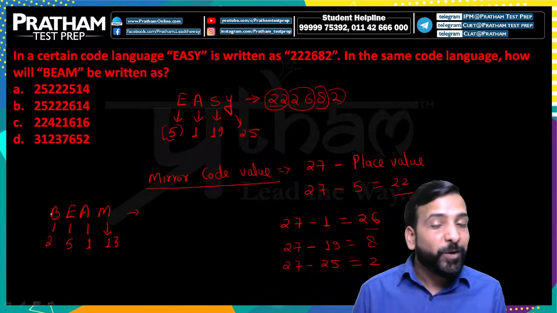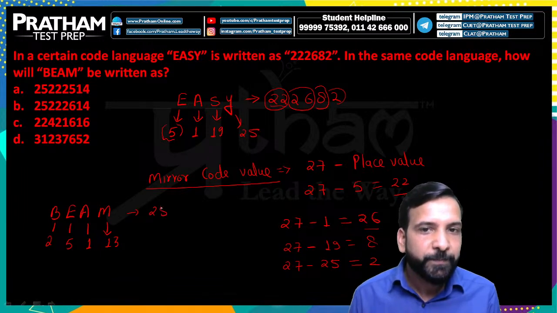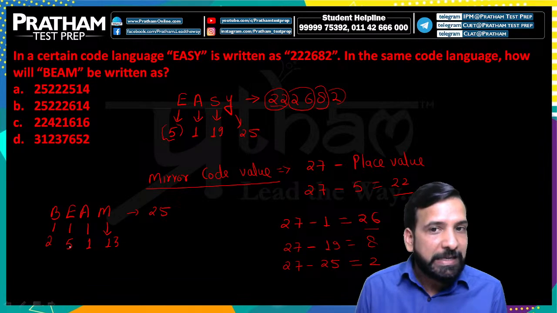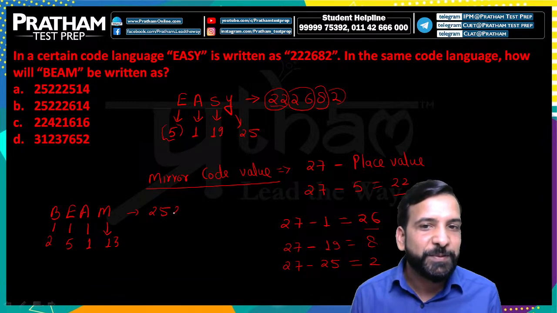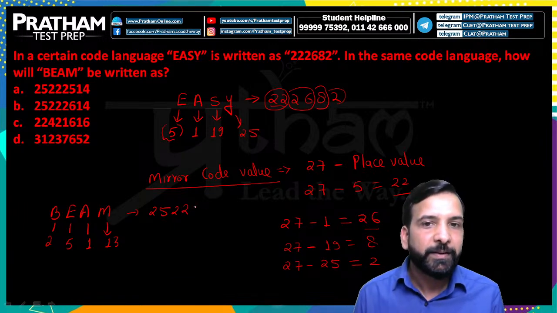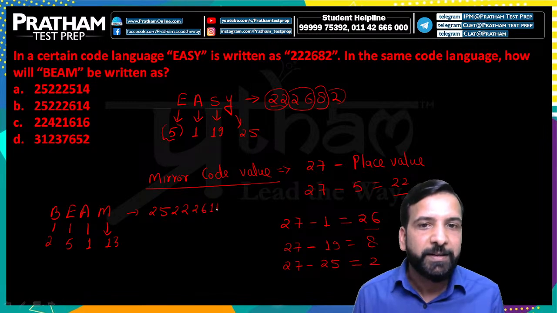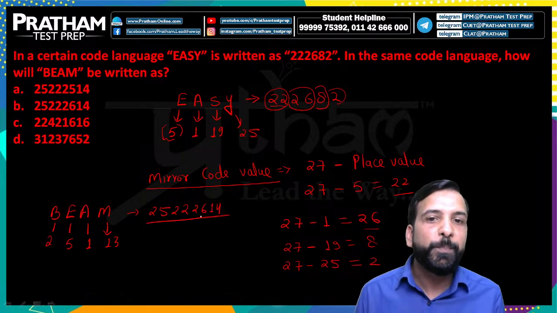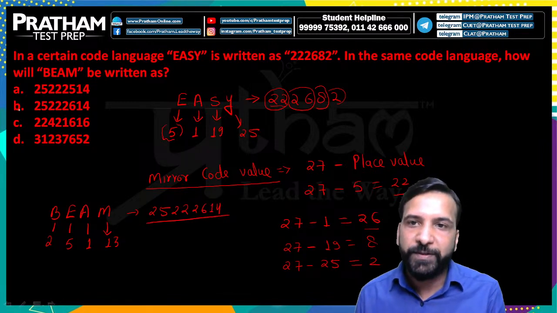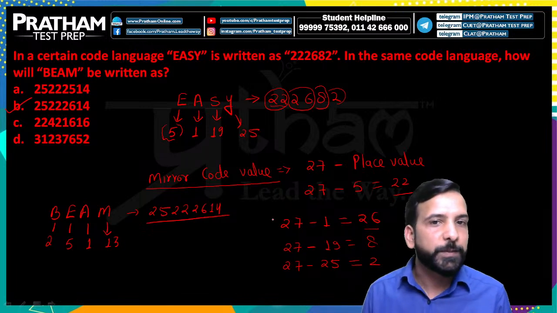So what is mirror code value of B? 27 minus 2 is 25. And what about E? 27 minus 5 is 22. What about A? 27 minus 1 is 26. And 27 minus 13 is 14. So 2, 5, 2, 2, 2, 6, 1, 4. Which option says this? Option B says this, and B is the right answer for this particular question.